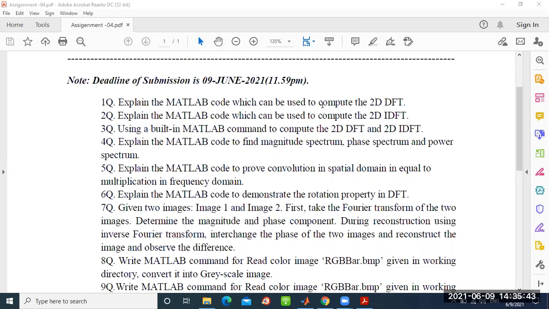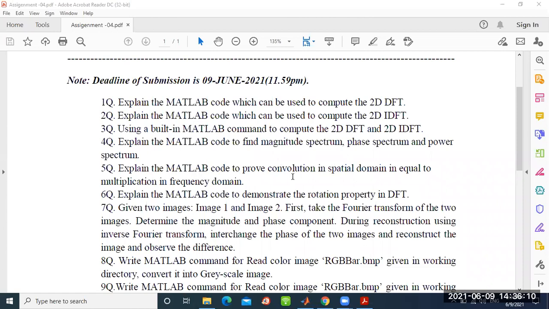Then we will use the built-in Matlab functions for these two programs. Then we will learn how to find the magnitude spectrum, the phase spectrum, and the power spectrum, relevant to the frequency domain. Then we will write a program to prove the convolution theorem for DFT.